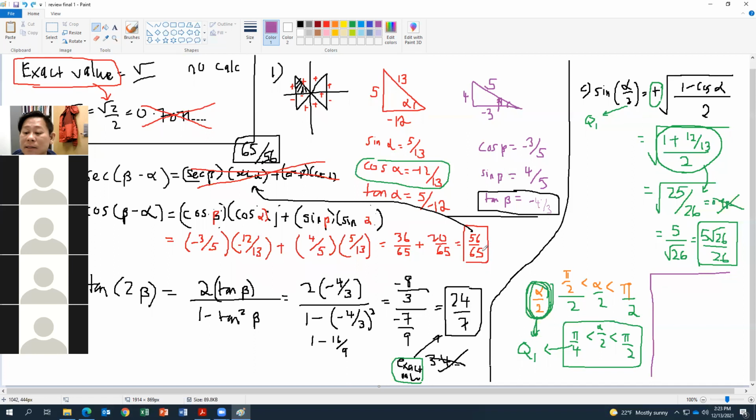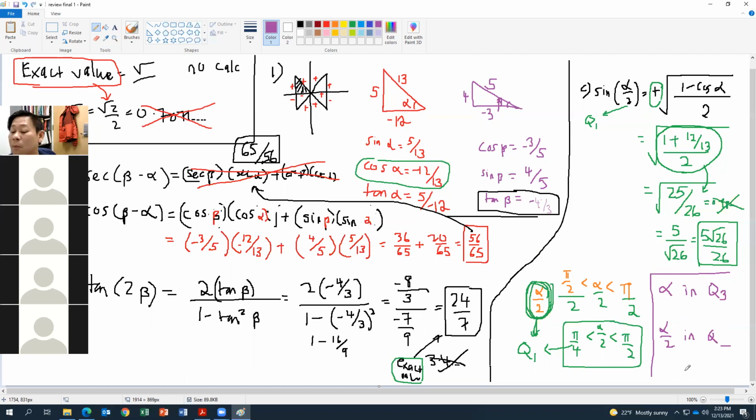Okay, so let's say alpha in this case is in quadrant 3, because the question will give you where alpha is. Can you tell me where alpha over 2 is? What quadrant is it in? I will say alpha is in quadrant 3.